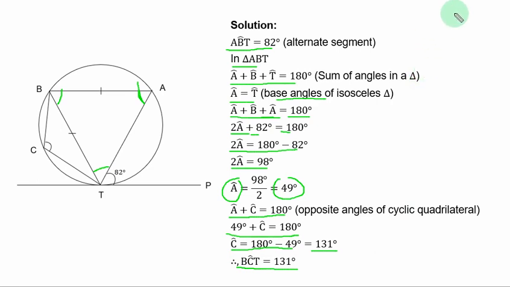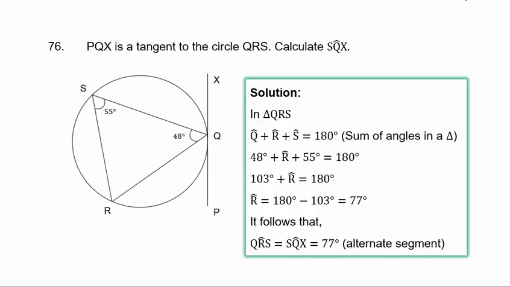Example 76. PQS is a tangent to the circle QRS. Calculate angle SQS. That is this angle, and it is equal to this angle in the alternate segment.